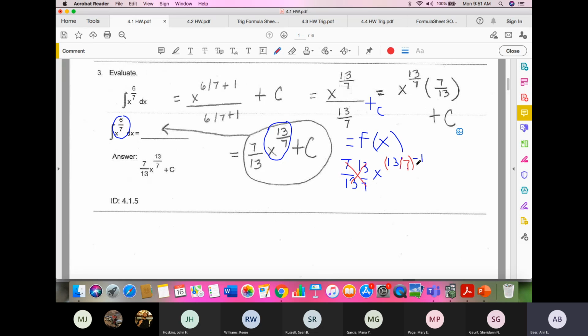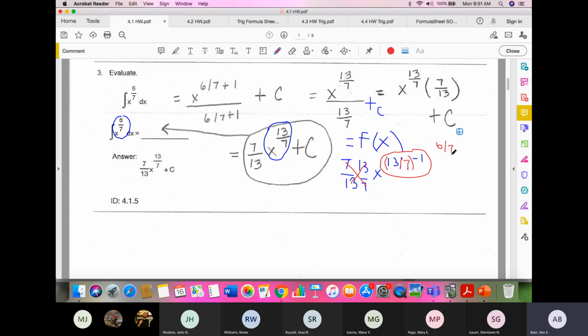If I take my graphing calculator and do 13 divided by 7 minus 1, I get 6/7. So this here turns out to be 6/7. So I really want to encourage you all to check yours.